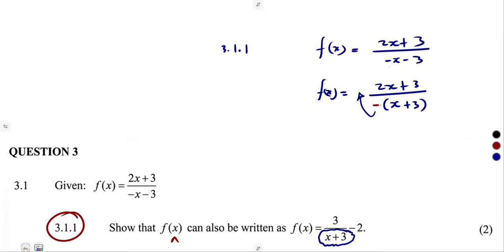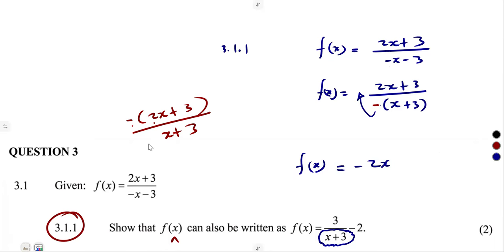So this negative can be written on top. And as it is written on top, it affects everything. So it'll be negative, 2x plus 3 over x plus 3. So it'll be negative times 2, which is negative 2x, negative times 3, which is negative 3, everything over x plus 3.